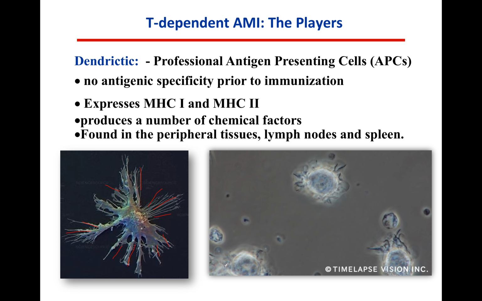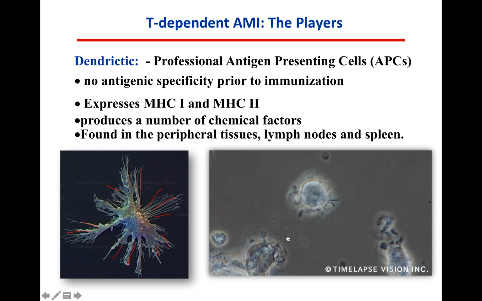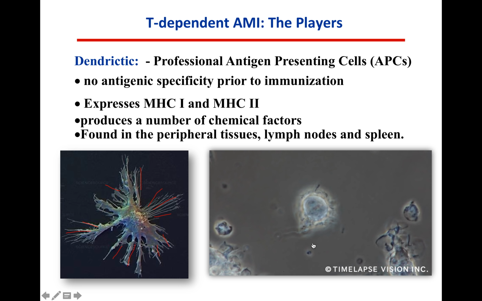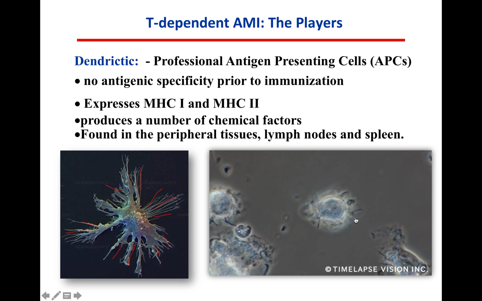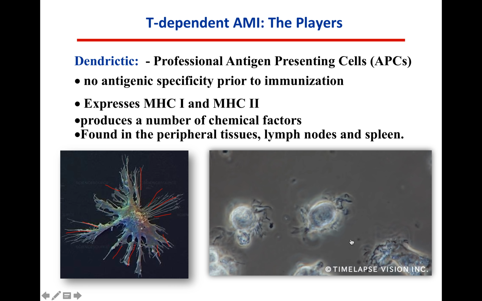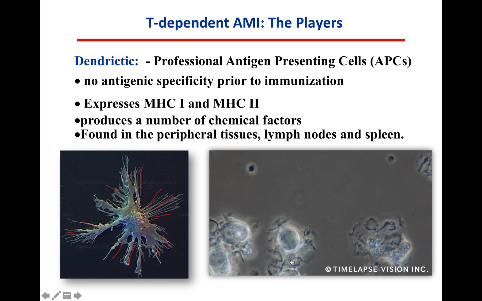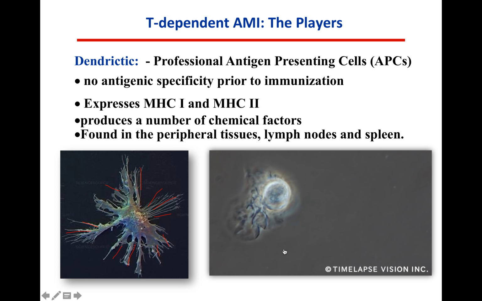If we look at this, hold on a second. If we can see one here, in this little movie you can see this dendritic cell, and you can see these little protrusions. It's always sampling its environment, and there's a whole bunch of them, and they're constantly kind of on the move.